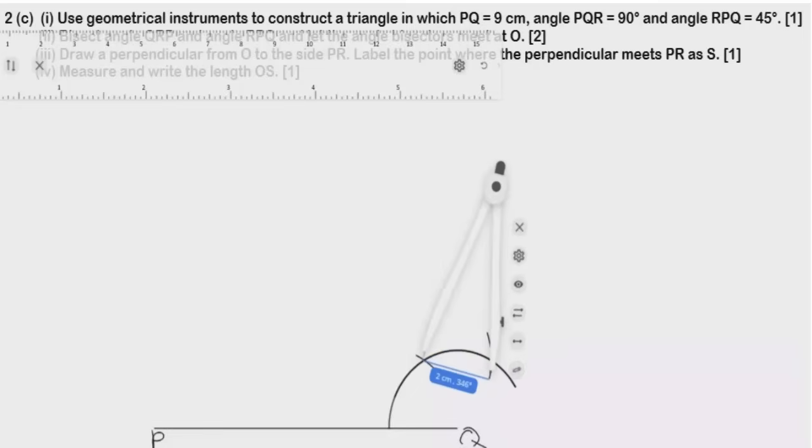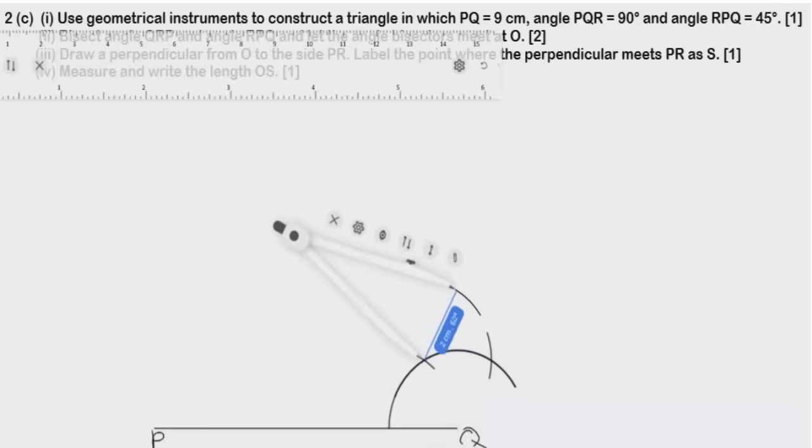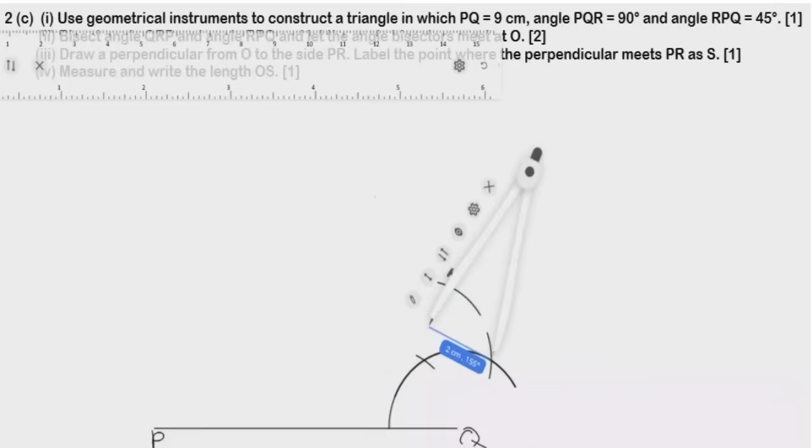From there I'm going to maintain the same width, not change it. Then I'm going to draw an extension arc, then move the compass and draw the arc that crosses the other arc there.